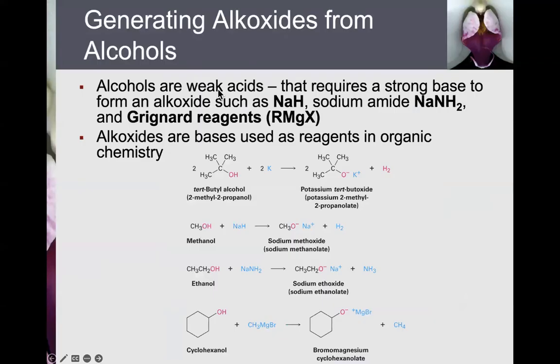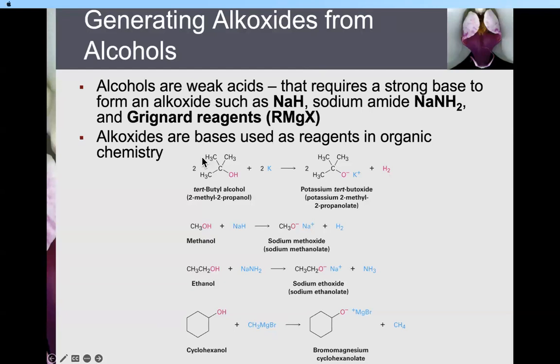Okay, so because alcohols are weak acids, they don't react with weak bases, such as amines or bicarbonate ions. Alcohols react with alkali metals and strong bases. So, for example, we have sodium hydride, NaH, sodium amide, NaNH2, and the Grignard reagent, RMgX.